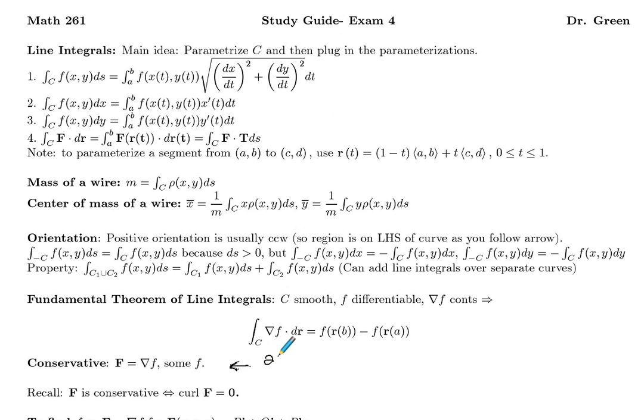Remember that test was dq dx equals dp dy. Okay, that was our test for conservative. Doesn't work here.